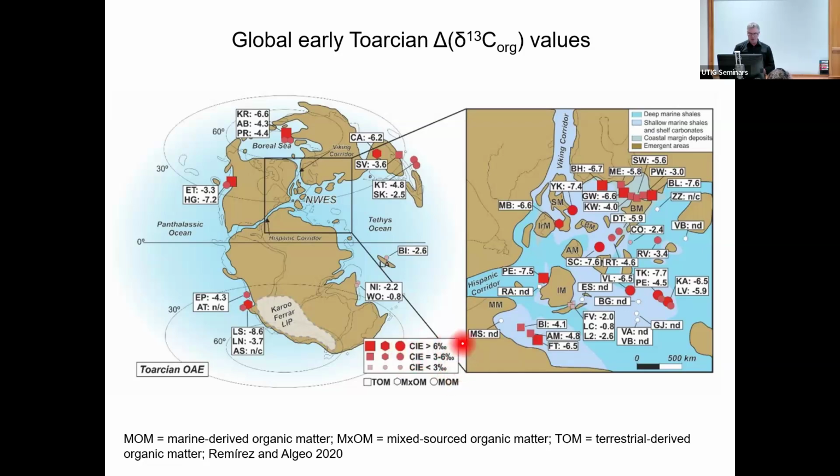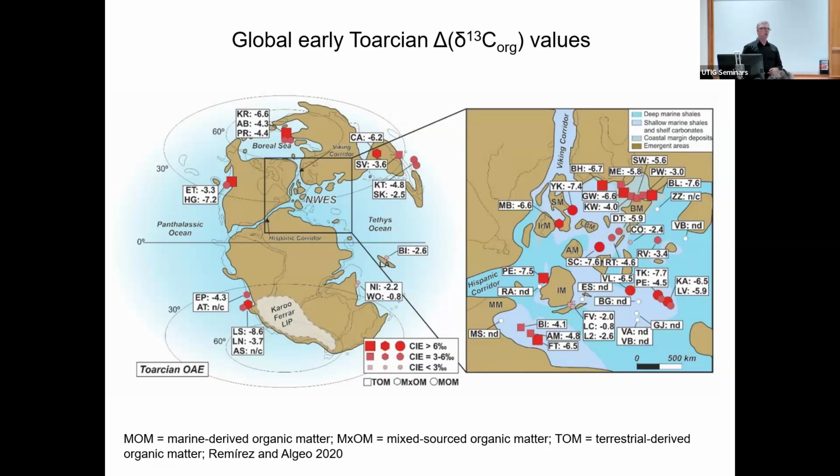And you can see that the size of these dots here is scaled to the actual perturbation away from the pre-excursion value. And another thing to point out here is that this organic carbon can be from several sources. It's either terrestrially derived in the squares here, or it's derived from marine organic material, or a mixture of the two.